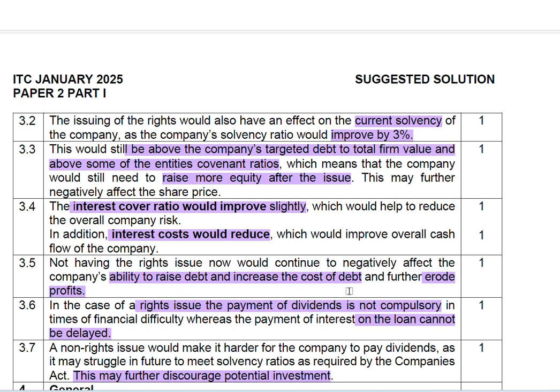How do we know that? Because we saw if we have a rights issue, the profit improved. It moved from minus 98 to positive 239. So we better go with the rights issue, because now we're not going to be eroding the profit. And moreover, we're not going to be paying a lot of interest, and we might be able to raise more debt after we've paid off 4.3 billion that is due in September.